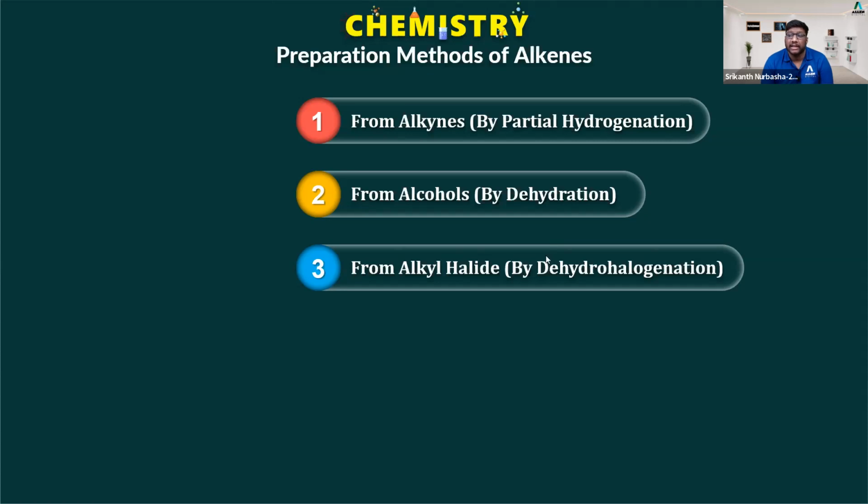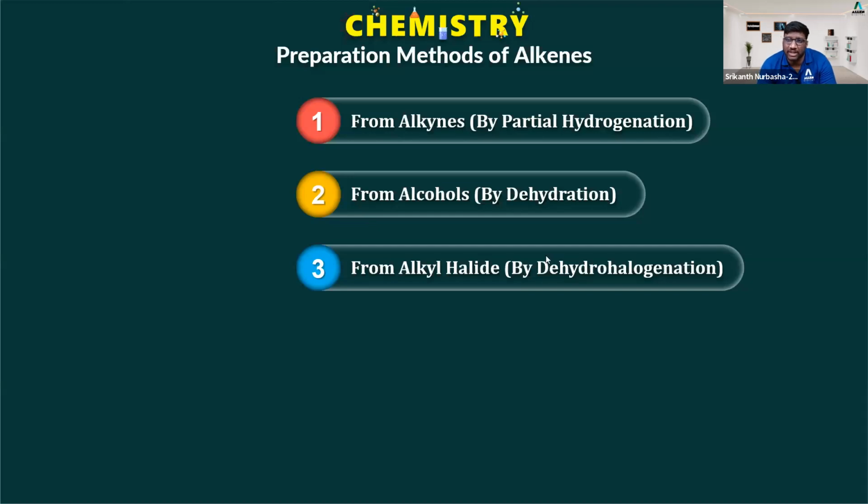In the presence of a poor leaving group, how does the transition state look in E2 elimination? Carbanion. Carbanion, very good. In the presence of a strong base and good leaving group, the transition state looks like alkene. In the presence of a poor leaving group, the transition state looks like a carbanion. You have to look at the stability of the carbanion and then only decide the major product and minor product.